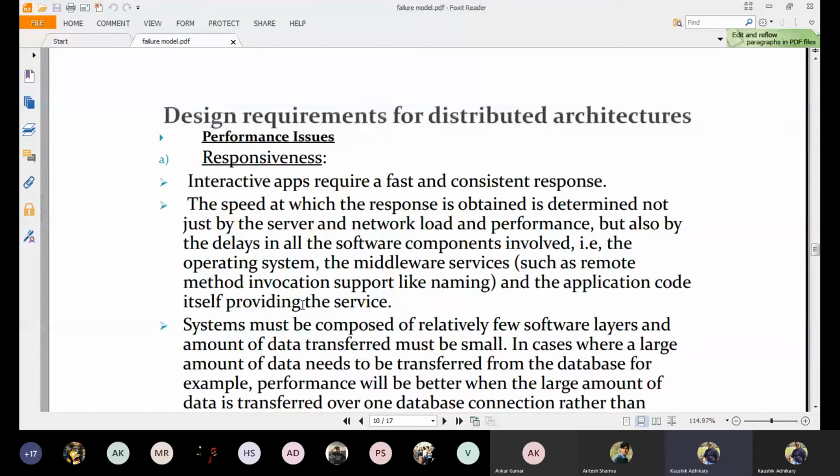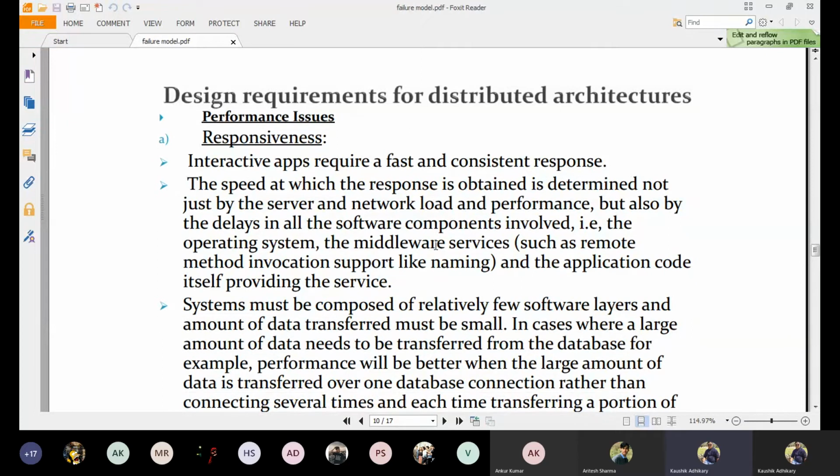Interactive apps require a fast and consistent response. Interactive apps, for example, online games. Online games require a fast and consistent response. There should not be any delay. The speed at which the response is obtained is determined not just by the server and network load and performance, but also by the delays in the software components involved.